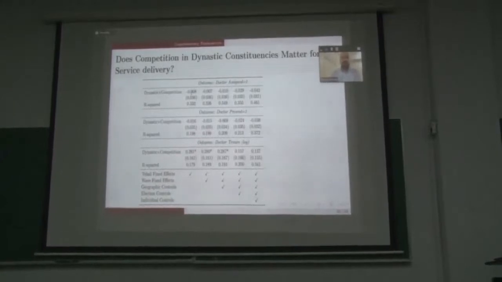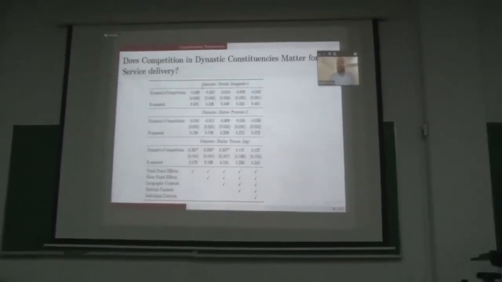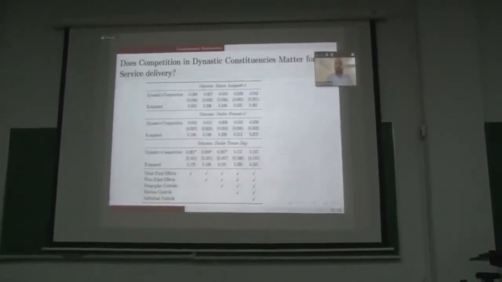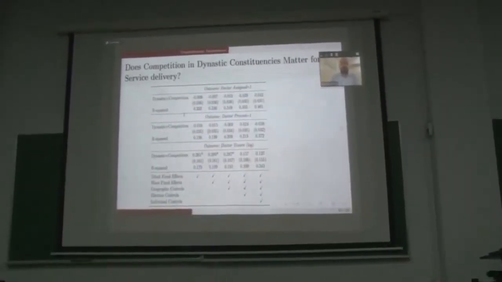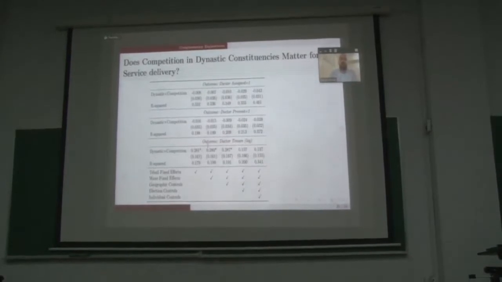You can see that in this case as well, we don't have a positive impact on doctor assigned and doctor present. But for doctor tenure, we can see the positive impact of dynasties on doctor tenure.